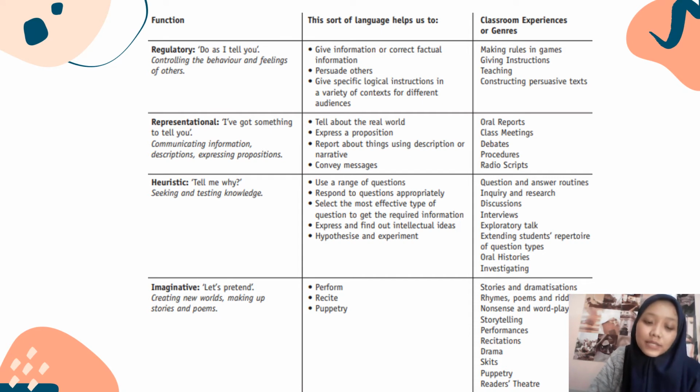Next, the sixth function is heuristic, seeking and testing knowledge. "Tell me why." This sort of language helps us to use a range of questions, respond to questions appropriately, select the most effective type of questions to get the required information, express and validate intellectual ideas, hypotheses, and experiments.